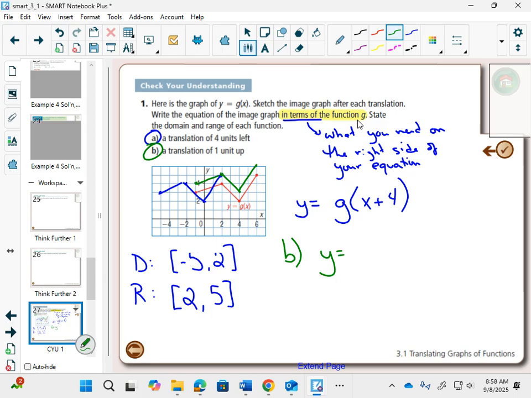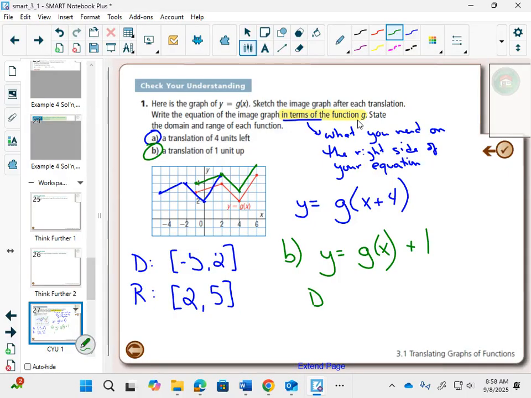Well, moving things up and down happens outside of the function, so I can just write the function like normal, g of x, nothing happened inside, and then write a +1 afterwards to show that my original g of x graph was moved up 1. And this equation is in terms of g because I have g of x on the right side, and I'm showing that the transformation that happened was a translation of 1 unit up.